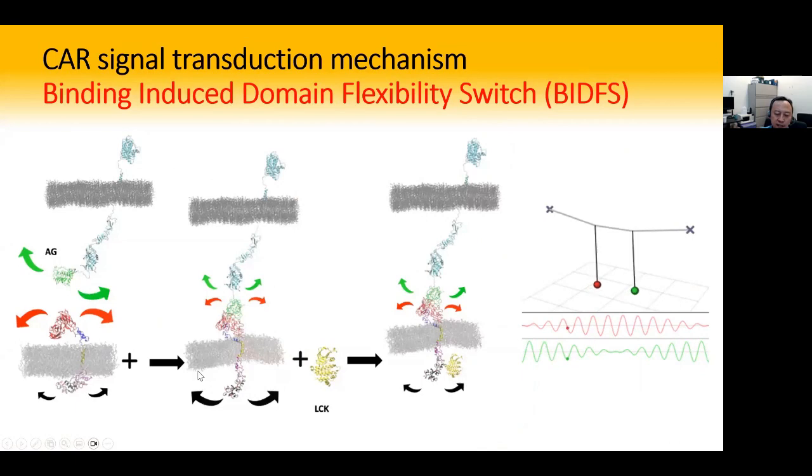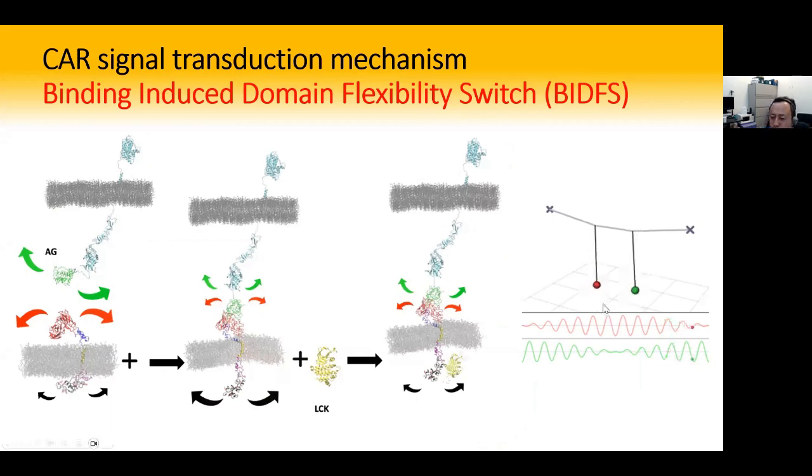This is our suggested mechanism. The mechanism basically shows that before it recognizes the antigen, it's highly flexible. When it binds, it's fixed, but this side becomes highly flexible, which will allow the kinase to bind here to do the phosphorylation.